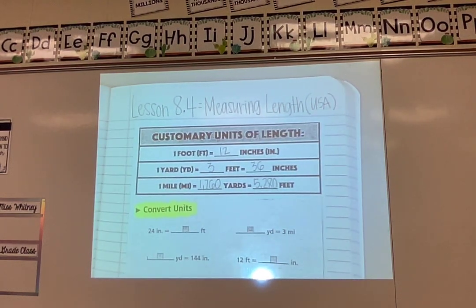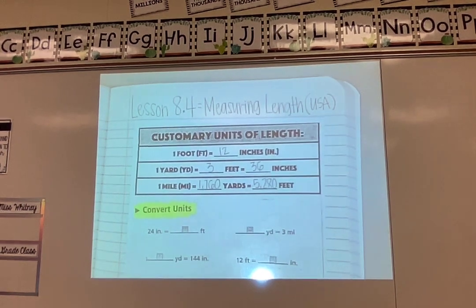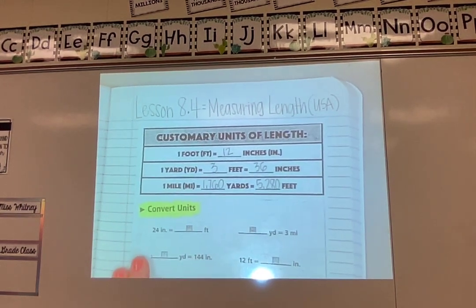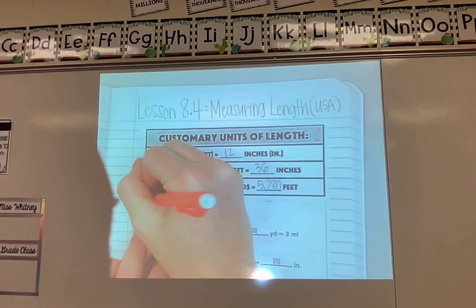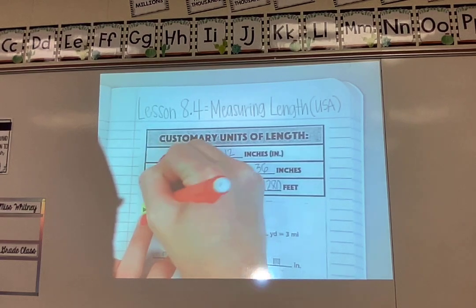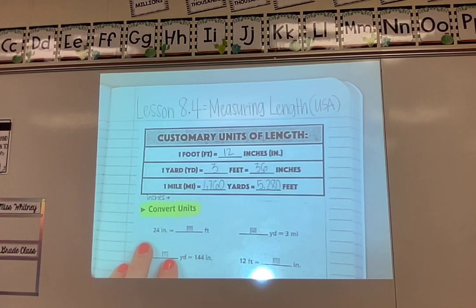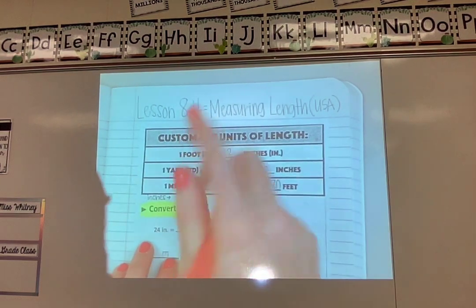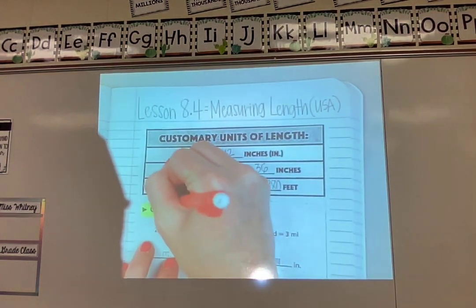Now, let's look at these in order from smallest to biggest. So our smallest form of measurement is inches. If I wanted to measure something that's not very big, I'm going to use inches. The next one in order from smallest to biggest would be feet. Remember, that's like the length of a ruler.